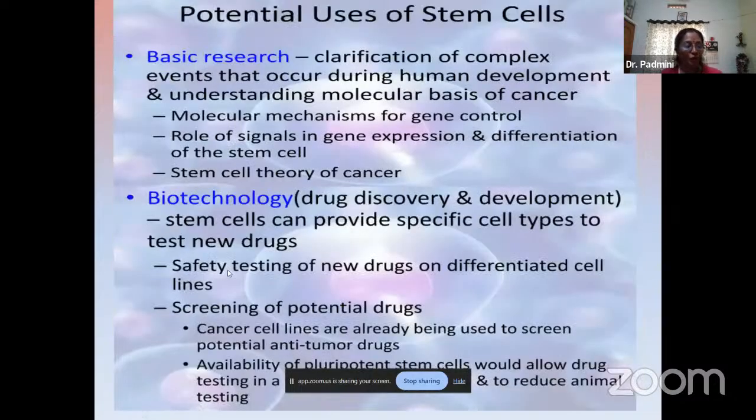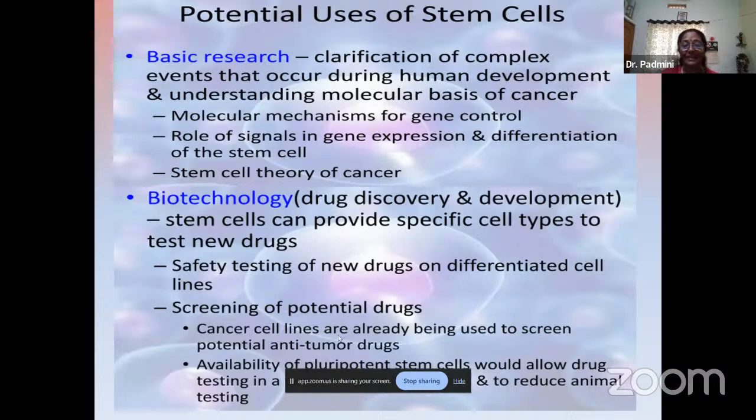So, potential uses of stem cells: basic research, that is, molecular mechanisms for gene control, gene expression and differentiation, and of course stem cell therapy for cancer. Under biotechnology, you can talk about safety testing for new drugs, and also screening of potential drugs, wherein screening cannot be done in a human, so you can do that in a stem cell.